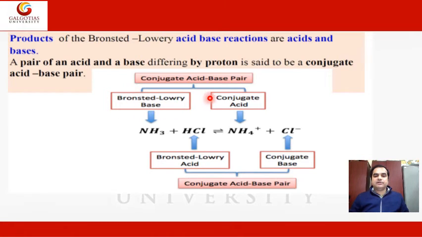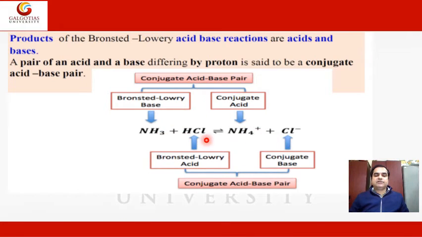Take the reaction NH3 plus HCl, producing the NH4+ ion plus Cl- ion. Here NH3 and NH4+ are referred to as a conjugate acid-base pair, because NH3 is a base when it accepts a proton according to Bronsted-Lowry, and after accepting the proton it forms the conjugate acid.